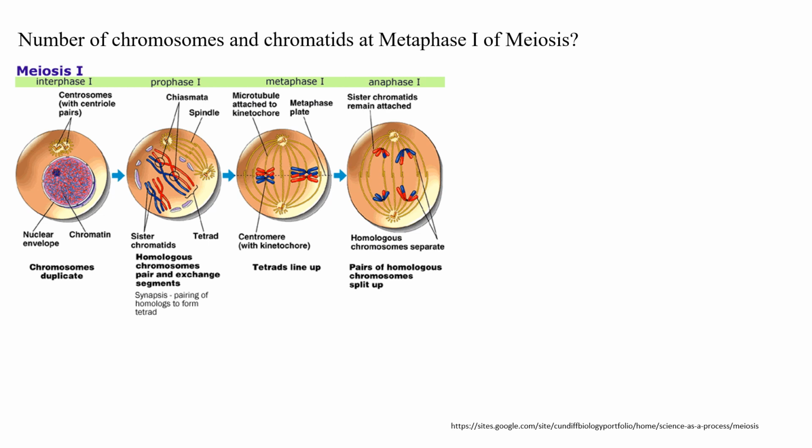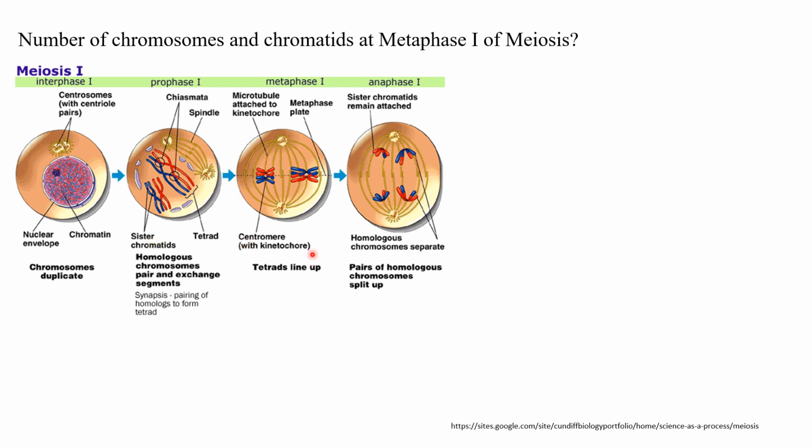First, we will look at the steps. Meiosis 1 has interphase 1, prophase 1, metaphase 1 and anaphase 1. In interphase, the chromosomes duplicate. In prophase 1, the homologous chromosomes pair and exchange the segments, that is recombination.